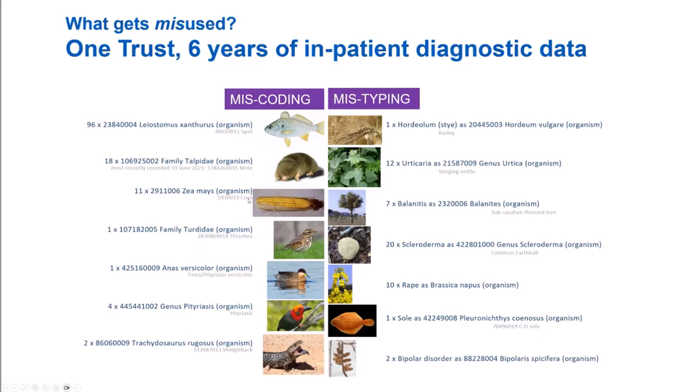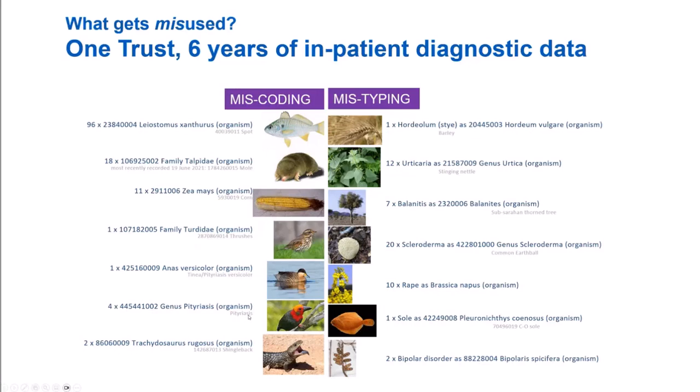Here we've got one with a corn on their foot, but the code they've actually put in is for this. Here's a patient with thrush, who's been given a code for a garden bird. Here's a patient with a fairly common and self-limiting and not that exciting fungal skin disease, pityriasis versicolor, who's been given the code for a multicolored duck.